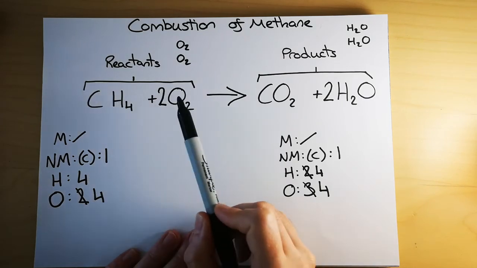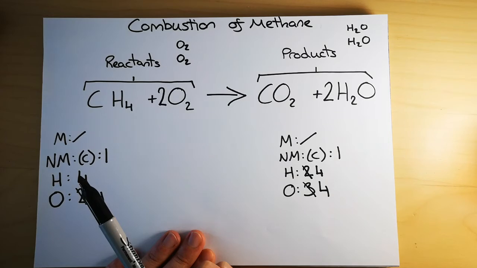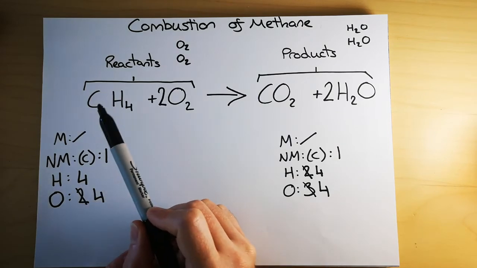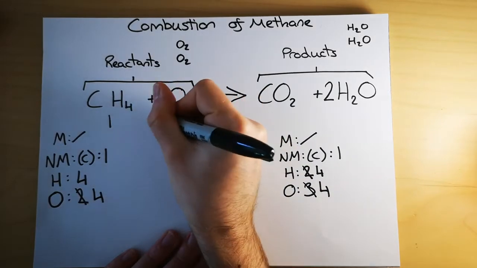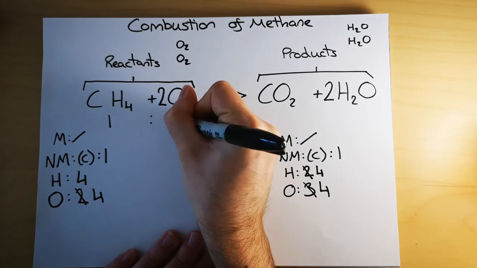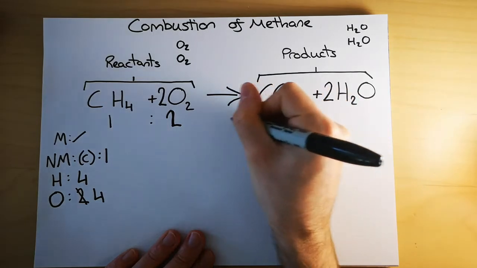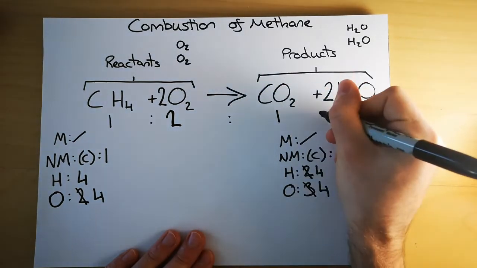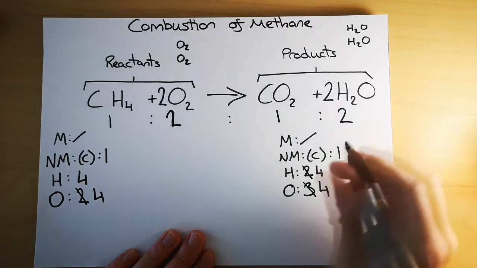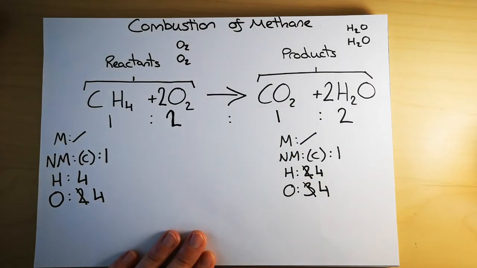So this is our theoretically balanced chemical equation, and the ratio is 1 to 2 to 1 to 2. So that is my molar ratio, and we're going to have to use this molar ratio going forward.